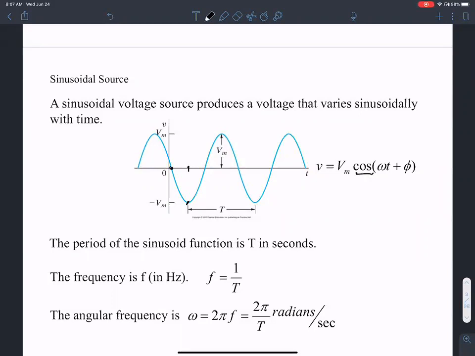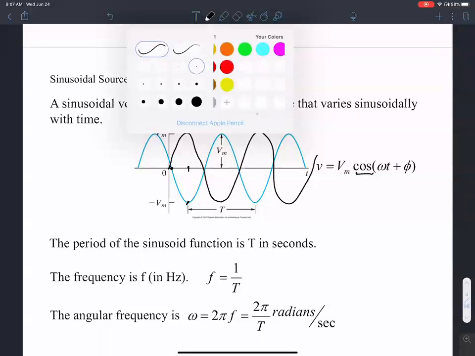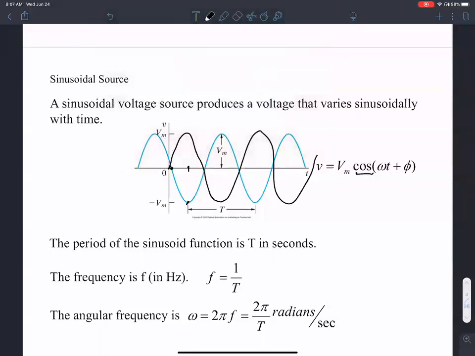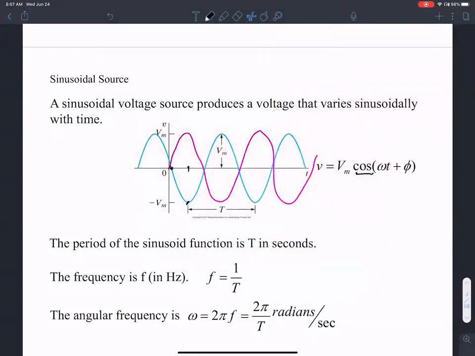If I were to do this, that would be a sine wave. This would be a sinusoid without any phase, just with some frequency and phase value equal to 0.